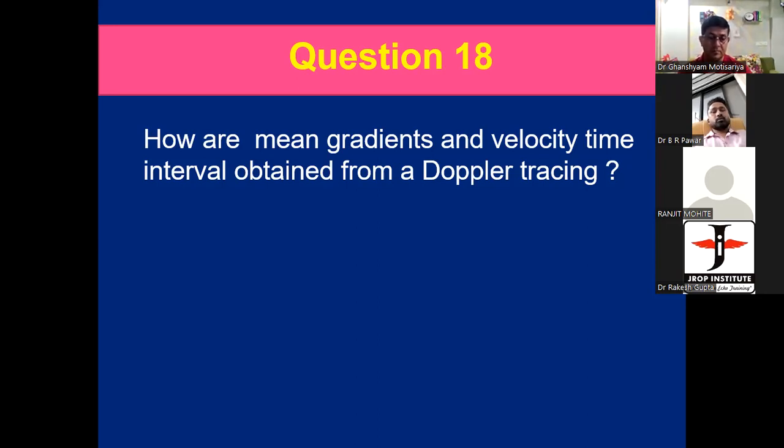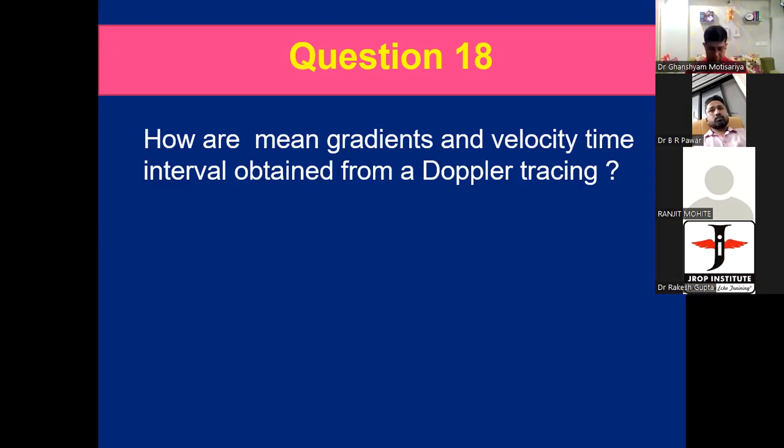Using the Doppler tracing, I am asking you to find the mean gradient. That is Dr. Rakesh Gupta's question. You have got a Doppler tracing of the aortic valve. How do you get the mean gradient of the aortic valve? What do you do with a Doppler tracing to get the mean gradient?